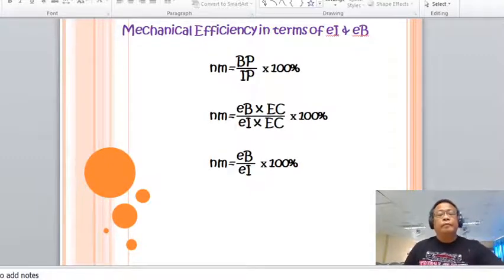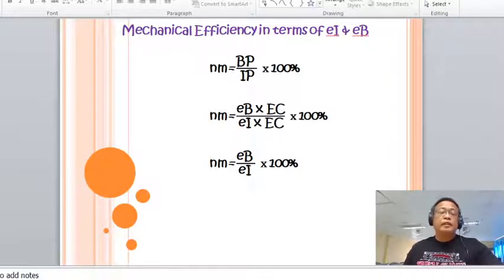That could now be equal to the brake thermal efficiency multiplied by the energy chargeable over EI multiplied by EC. We just substitute the brake thermal efficiency.